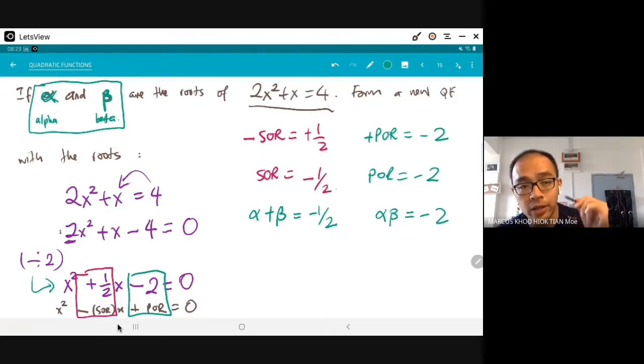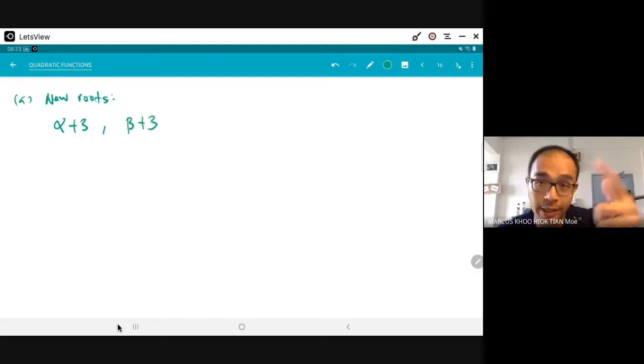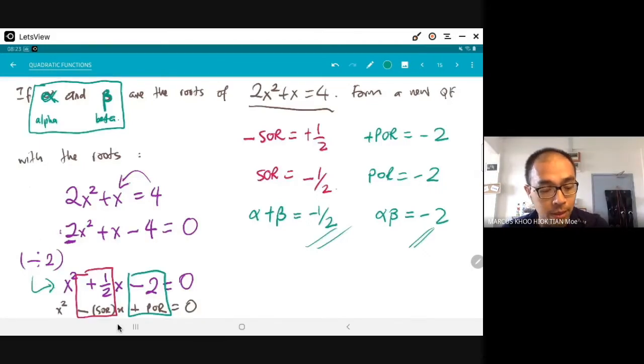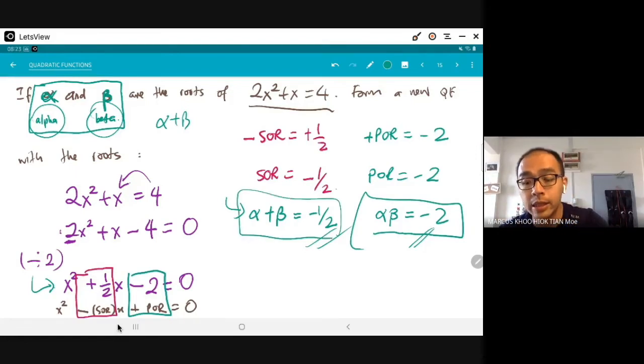The reason why we're doing this is because this relationship is very important. The question talks about the new roots. We now have new roots, which are alpha plus 3 and beta plus 3. This is the old root, alpha and beta only, alone and alone. Alpha plus beta is this, and alpha times beta is this. So that's the old root. But it will be related to our new one.